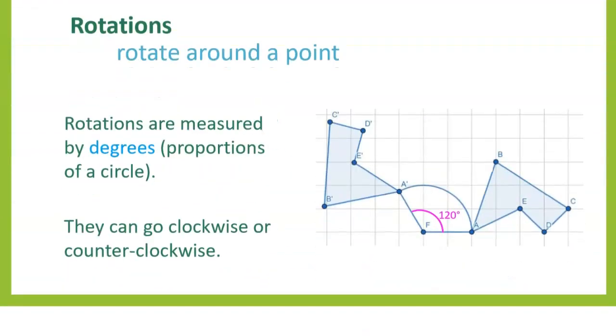And we measure rotations by degrees. Now, if you think back on degrees, how many degrees are there in a full circle? There are 360 degrees in a full circle. So when we talk about degrees, what we're talking about is proportions of a circle. You can see we've gone part way around a circle here.